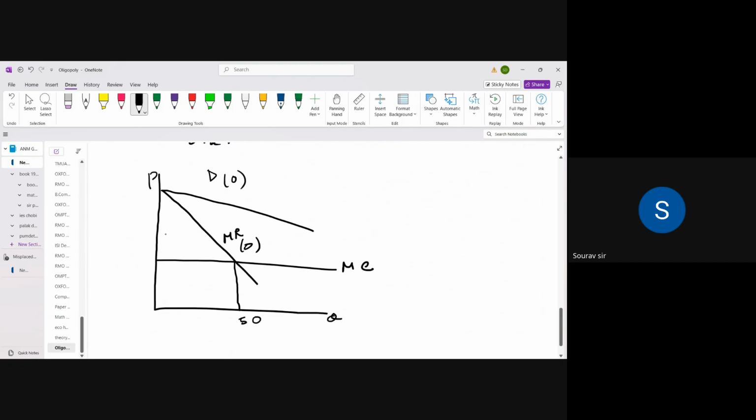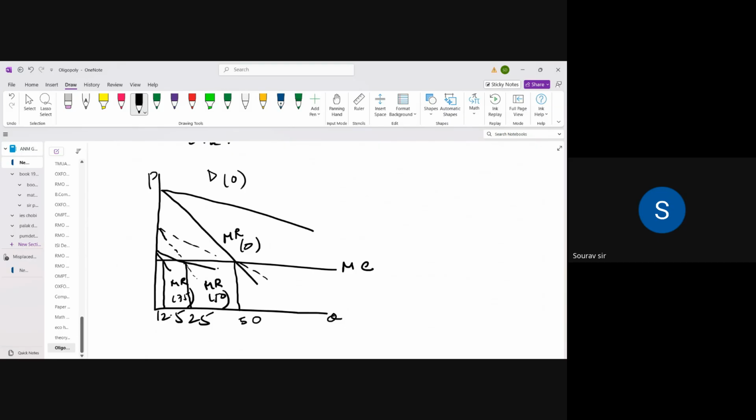Now, again from here, the lines will be drawn. Here it is 25. Again from here, I will draw a line and it will be 12.5. It is for marginal 75, it is for 50. Accordingly, we do the marginal revenue curve and the demand curve.